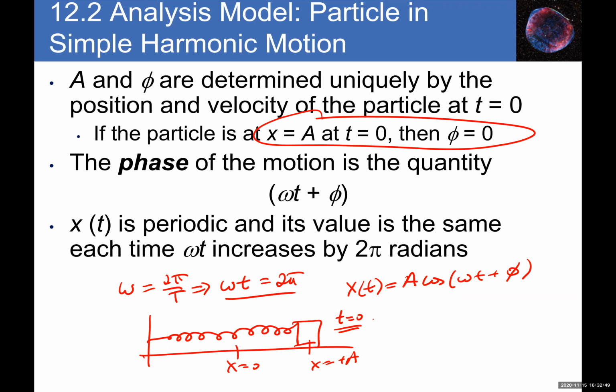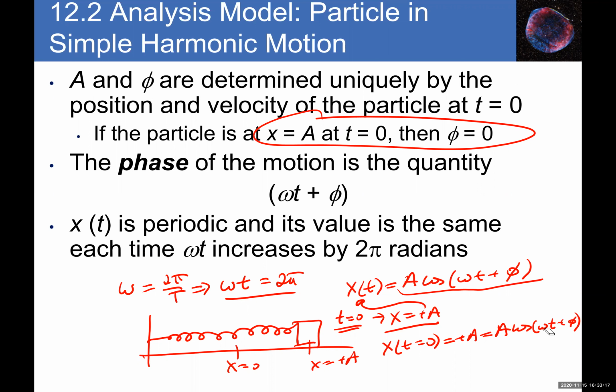That means at t equals 0, my position x is plus A, right? Because that's where I start. I start from plus A and I start the timer. And this is basically what you have for the left side of the equation. That means you can say x when t equals 0 is equal to plus A. But that's also equal to, according to the general equation, A cosine of omega t plus phi.